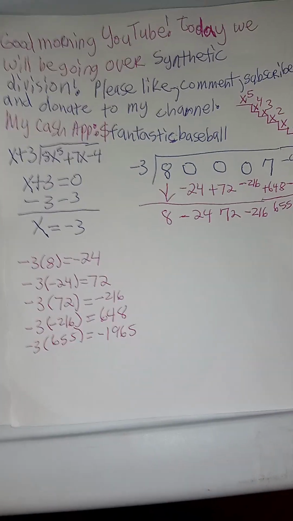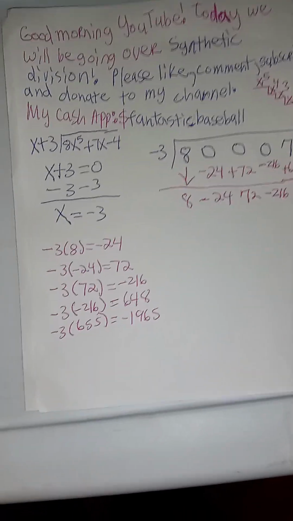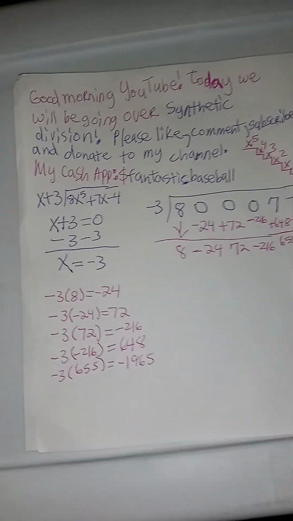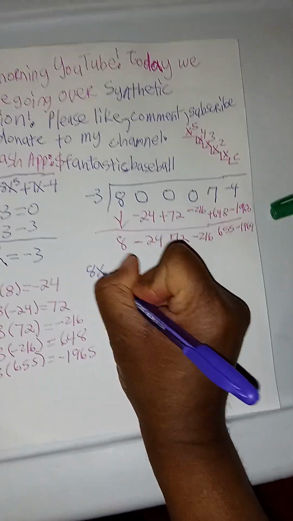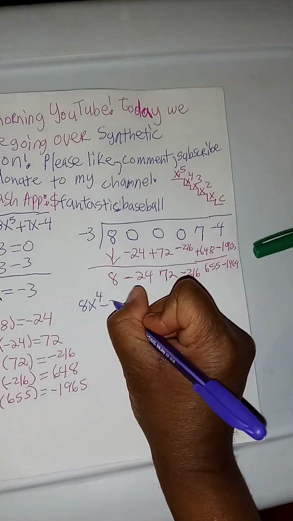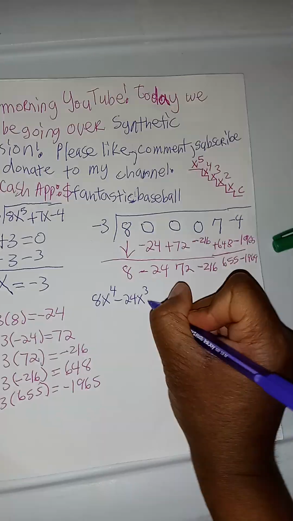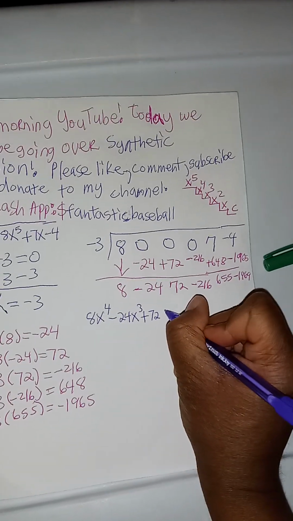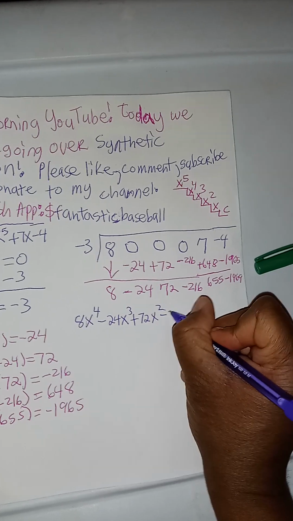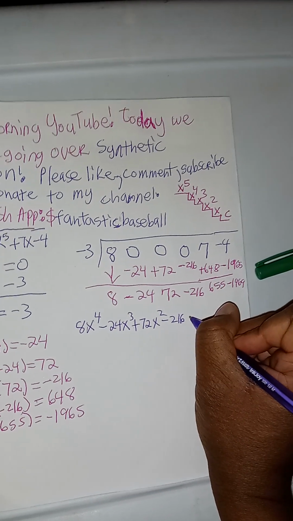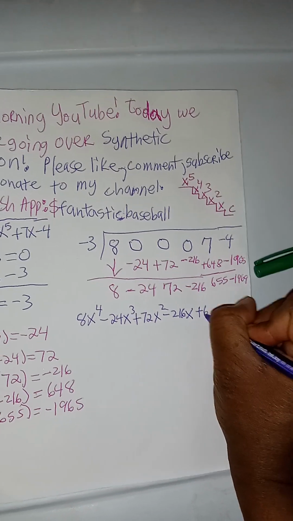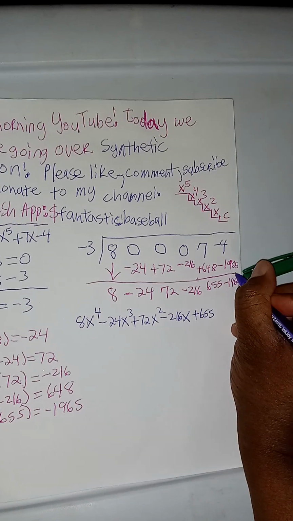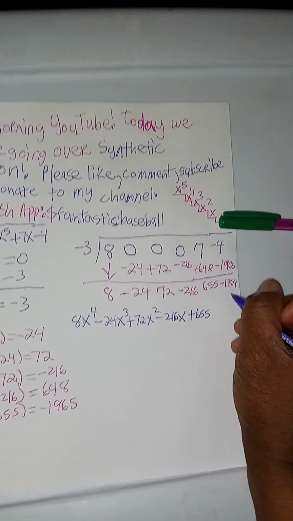Perfect. Now, in this problem we started out with a degree of 5, so when we write out our solution, we will drop down by 1 power. It will be 8x to the 4th power minus 24x cubed plus 72x squared minus 216x plus 655, which is the constant, and the remainder term is -1969.